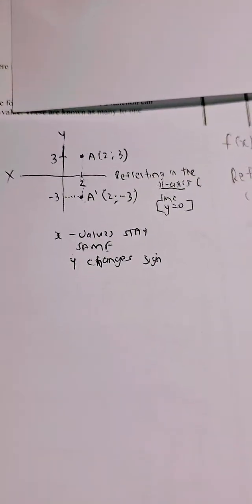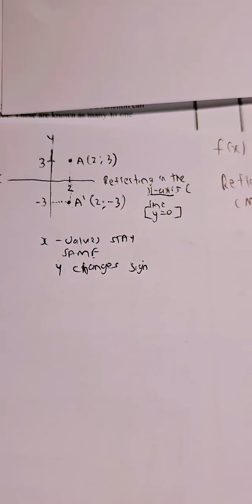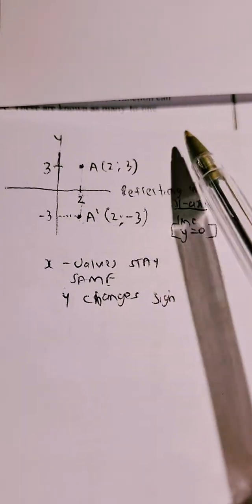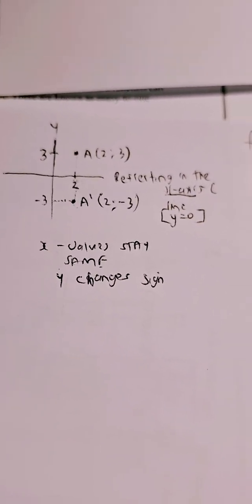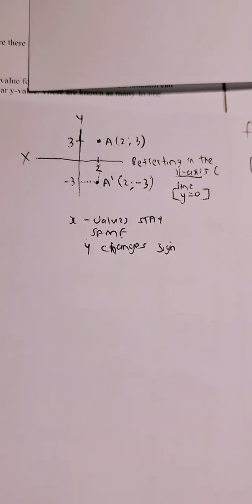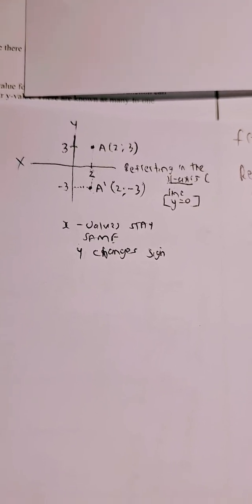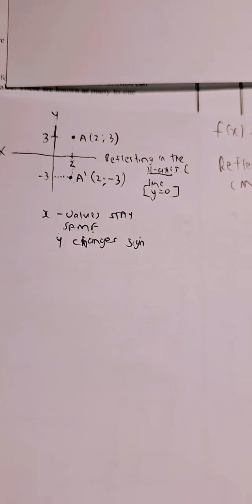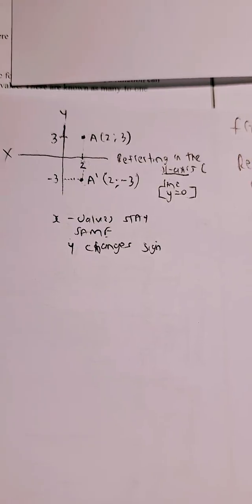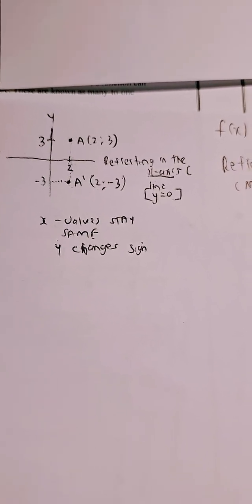That's what a reflection in the x-axis means. X stays the same, y changes its sign. So guys, please don't be baffled when you are asked to write the equation of a function reflected in the x-axis. All that means is that your y is changing its sign whilst x stays the same.